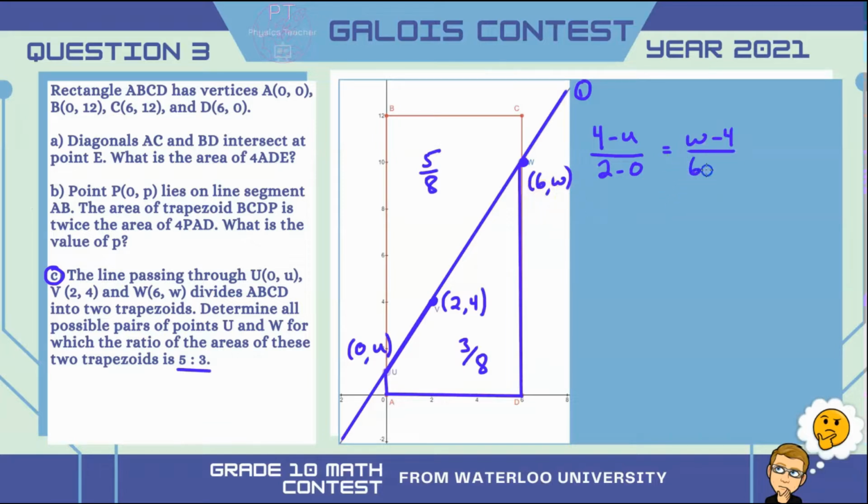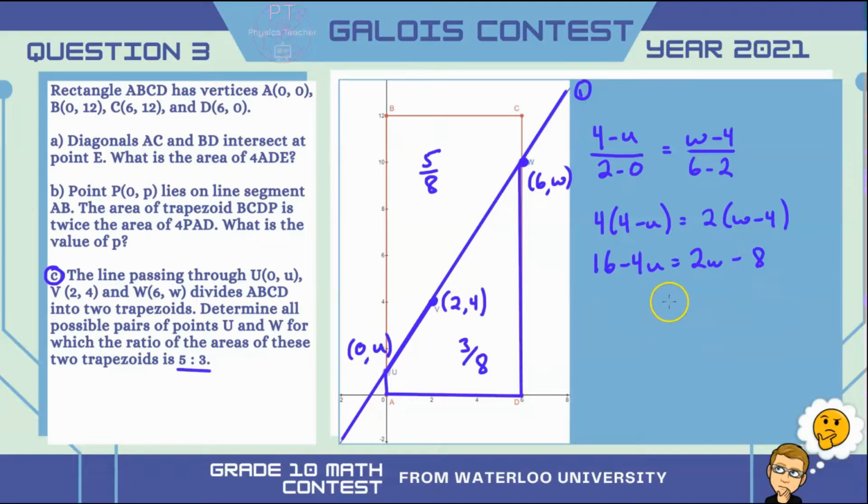Alright, so I'm going to rearrange this a bit. 6 minus 2 is 4, and multiplying, we get 4 times (4 minus u) equals, multiply the 2, we get 2 times (w minus 4). So let's distribute, we have 16 minus 4u equals 2w minus 8.